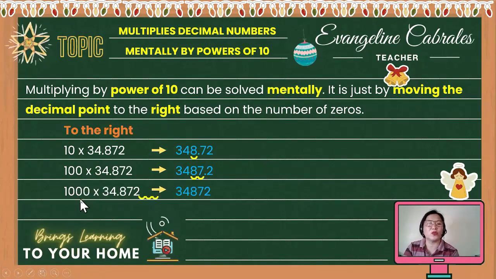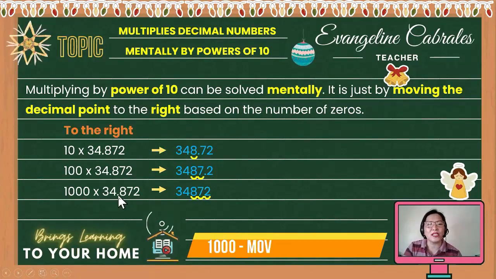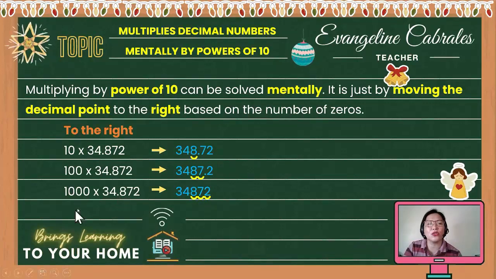And kapag naman 1,000, ilang 0 meron sa 1,000? 3. So, ilang beses iuusod ang decimal point papunta sa kanan? 3. So, yung decimal point na nasa pagitan ng 4 at 8 ay iuusod ng 3 beses. 1, 2, 3.